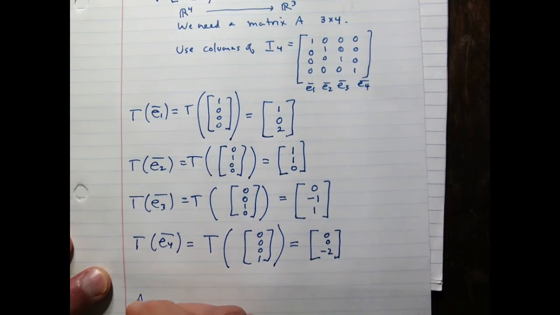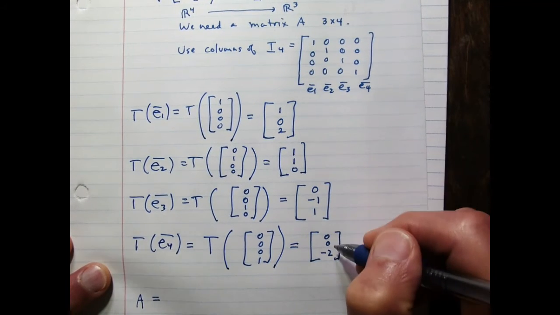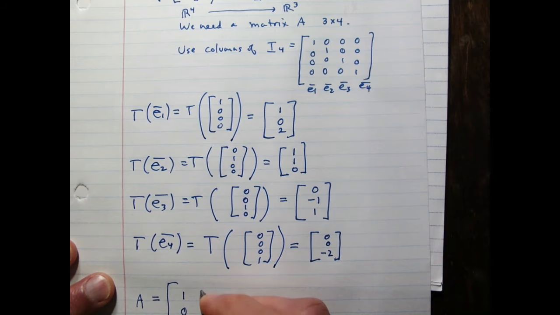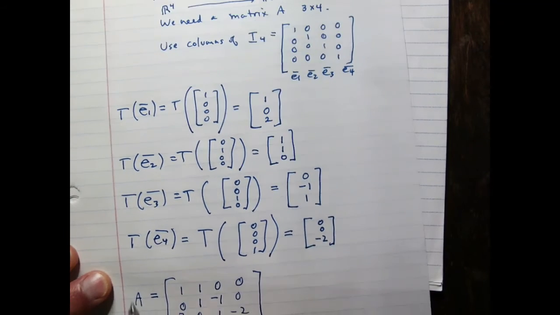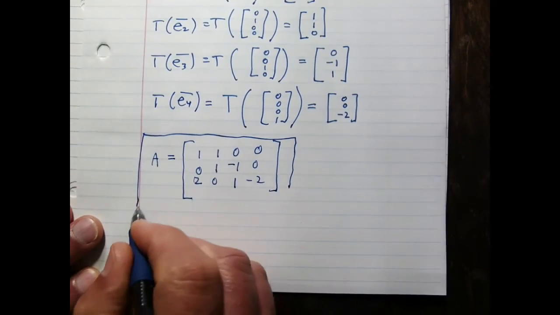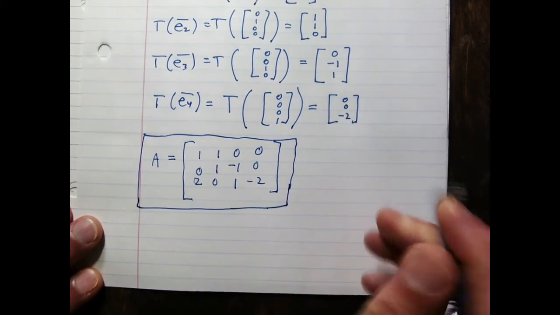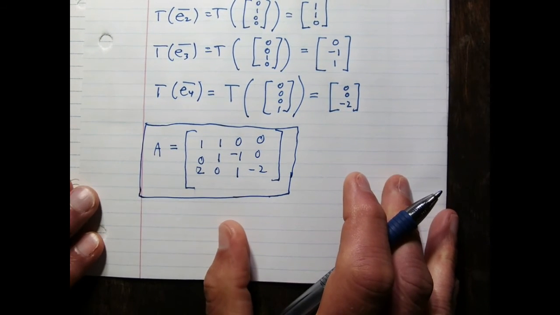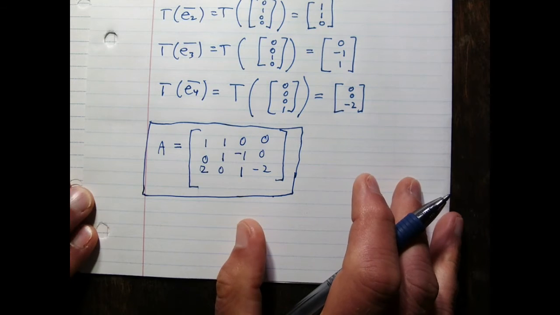And so my matrix A is just going to have these columns. That's it. So 1, 0, 2, 1, 1, 0, 0, negative 1, 1, and 0, 0, negative 2. There it is. That's what we were trying to find. That's the standard matrix. That's a matrix that defines this linear transformation.